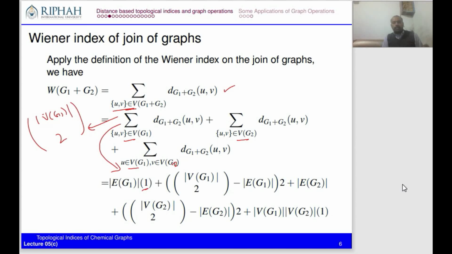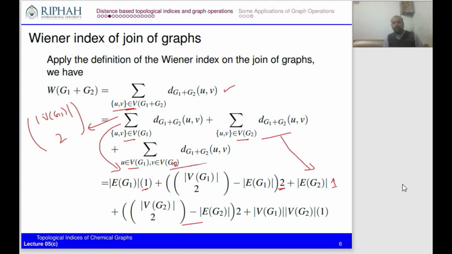So there are |E(G1)| pairs which are at distance 1, and the rest of the pairs are at distance 2. Similarly, there are |E(G2)| pairs in graph G2 at distance 1, and the rest of the pairs are at distance 2. This is due to this partition.